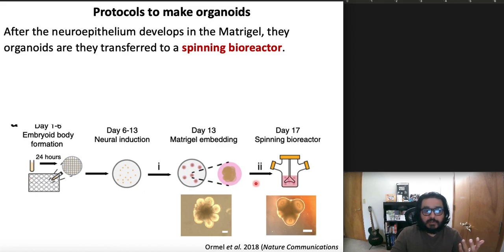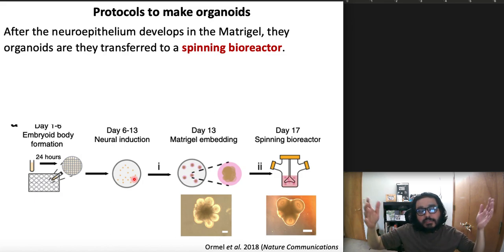In the earlier days, the first 2 weeks or so, we can grow them in very simple plastic dishes. Essentially, they're just little wells or plates or flasks that you can easily take media in and out of. You put them in an incubator. You let them just sit there, stationary, for those couple of days, and then you can take them out and do media changes pretty easily.